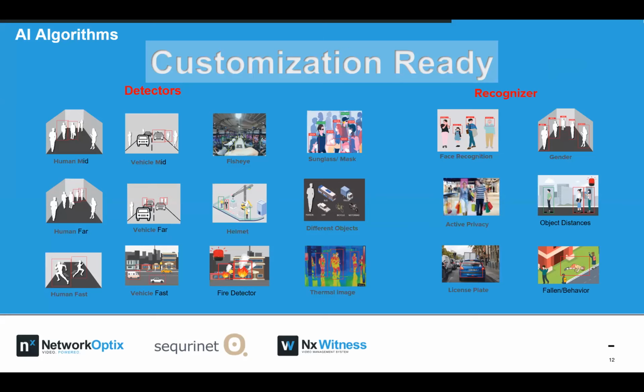You see the variety here: human detection, vehicle detection, helmet detection, fire detection, thermal detection, etc. Obviously, mask detection, which James referred to as well, given the actual situation in the world, is a big one. On the right side, you see the recognition algorithms like face recognition and gender. We also actively do privacy masking for those applications and areas where that is necessary.